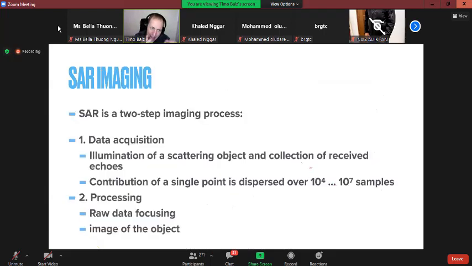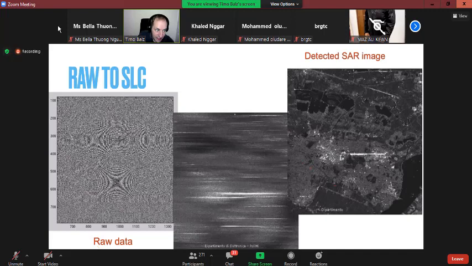So SAR is a two-step imaging process. You acquire the data, and for a single point, you get lots and lots of reflections, lots and lots of signals, lots and lots of samples, and then you have to process the raw data to get to a usable image. This is not really a usable image, right? So the raw data that you get looks something like here on the left side.